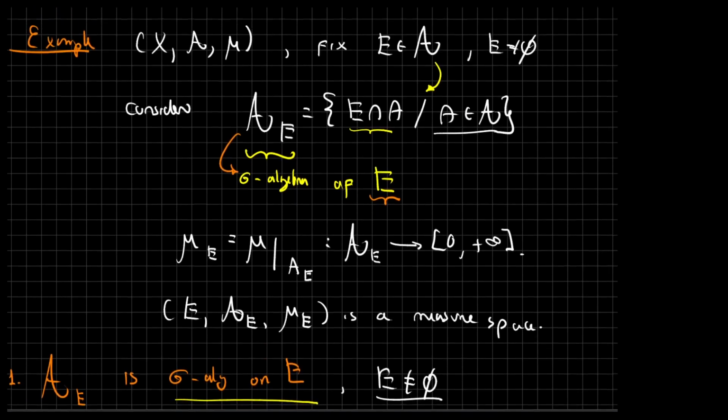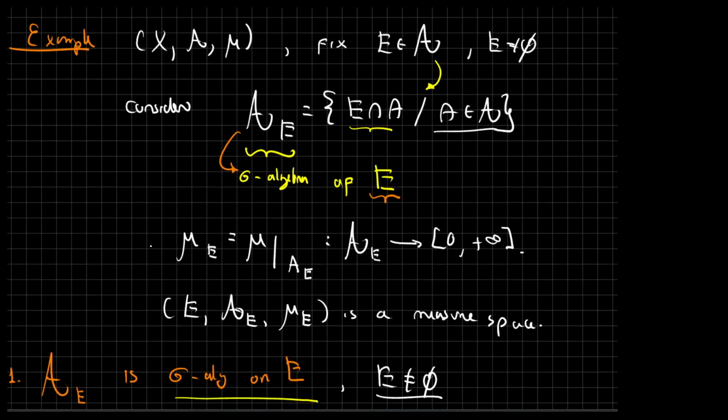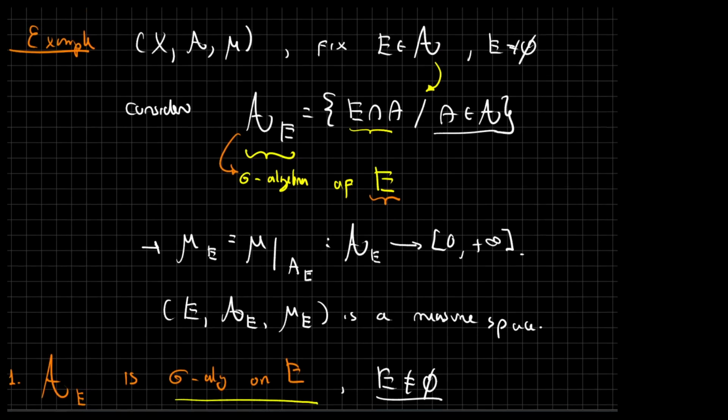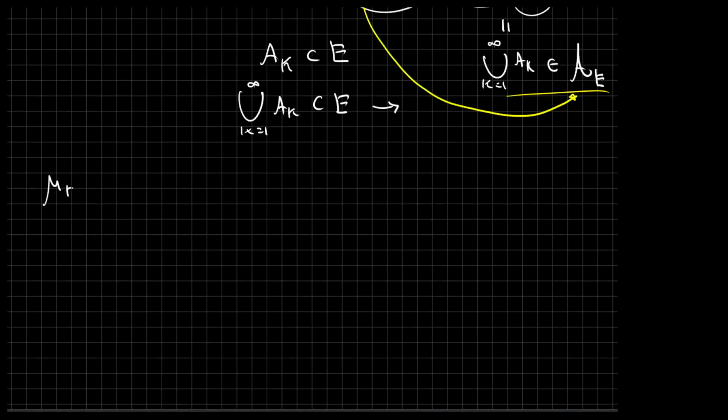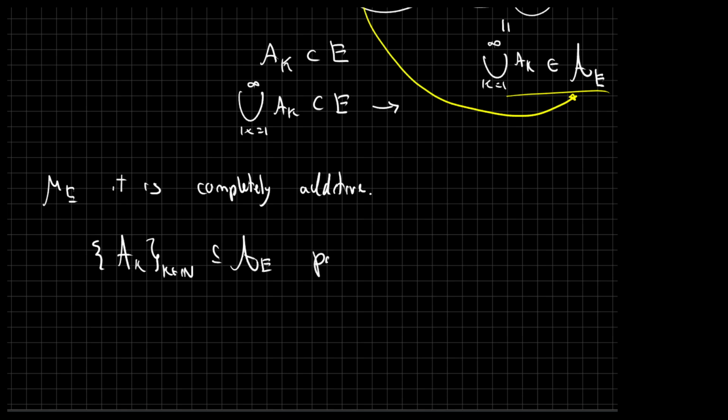The second part will be to show that this new function is a measure. So for it to be a measure, we need to check that it is completely additive. So let's say that we have a countable family here that is pairwise disjoint.